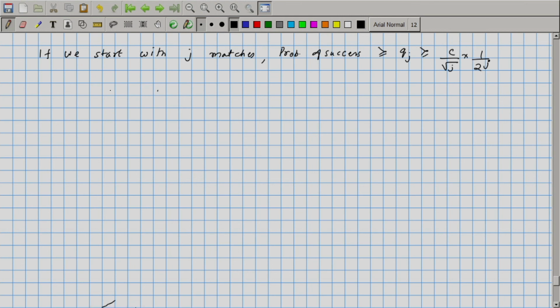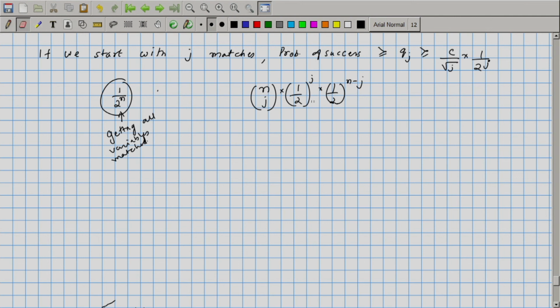So, out of n we have 1 by 2 raised to n probability of getting everything correct, and so this is the probability of getting all variables matched, plus if you had to have exactly j matches, then that will be n choose j into 1 by 2 raised to j times 1 by 2 raised to n minus j. Okay, so, this is the probability of getting one match, this is the probability of getting j match.